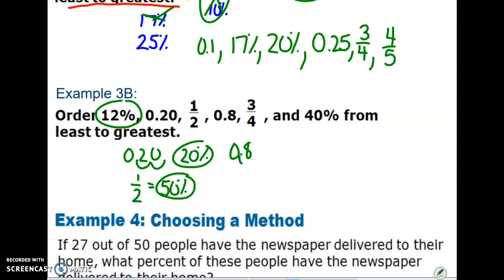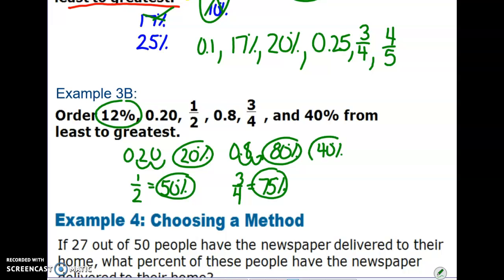If I move my decimal point 2 places to the right, that gives me 80%. I've got 3/4, that's the one I want to have memorized in my head, that is 75%. And then I've got 40%. So I circled, and I'll just highlight them right here. I changed them all to percentages. I have that original 12%.